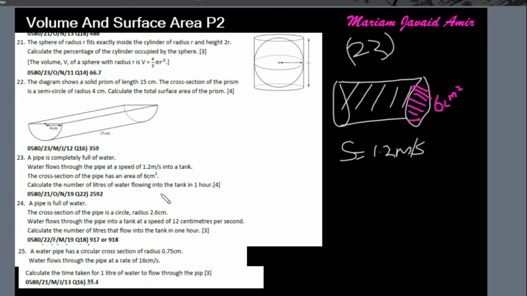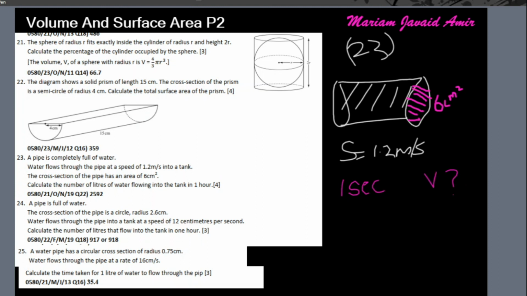So we know that the water flows through the pipe at a speed of 1.2 meters per second. So in 1 second, what will be the volume flowing into the tank?